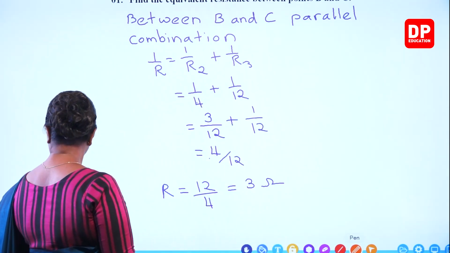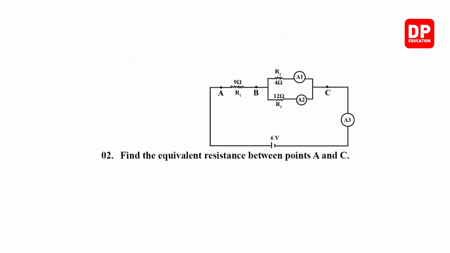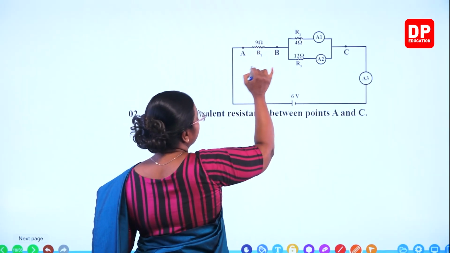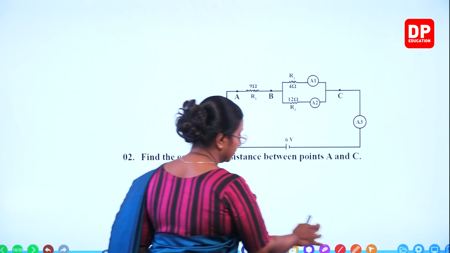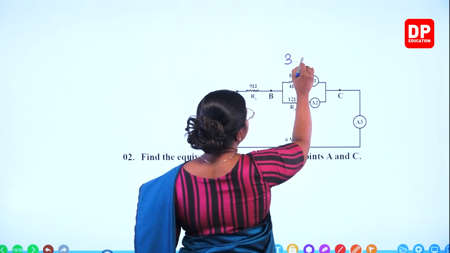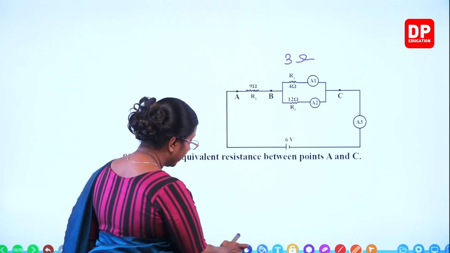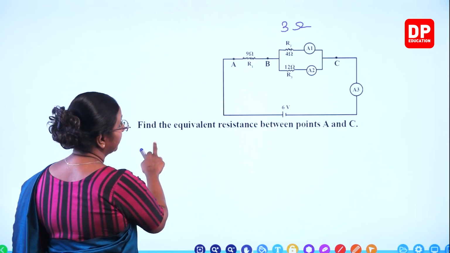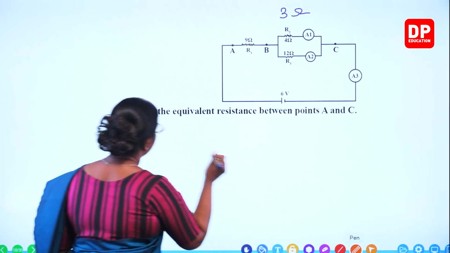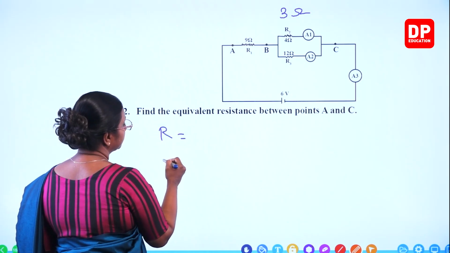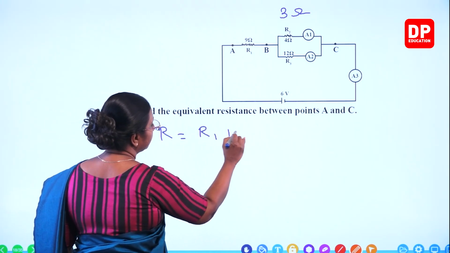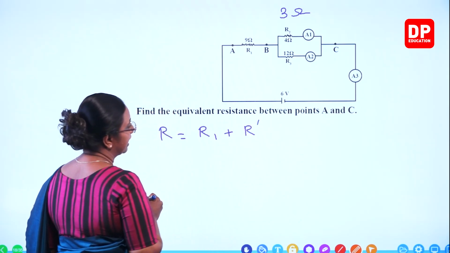Then the next part of the question, the same circuit is given to you, so you are familiar with that. Find the equivalent resistance between points A and C. This 9 ohm and the 3 ohm that we calculated here are in series combination. So how do we calculate the equivalent resistance? R is equal to R1 plus, I will write it as R dash.